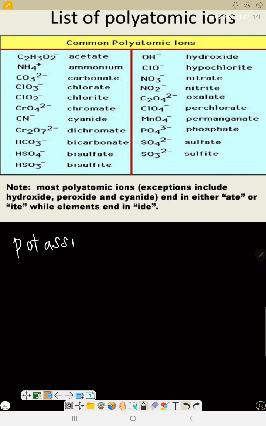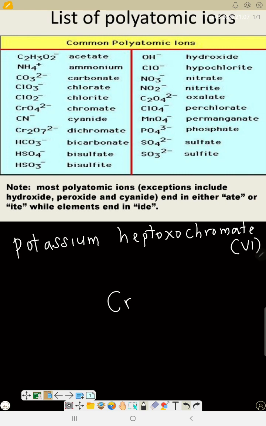Potassium heptaoxodichromate(VI). Now this heptaoxodichromate(VI) is the one you see in your polyatomic ion list as dichromate. So chromate is CrO4.